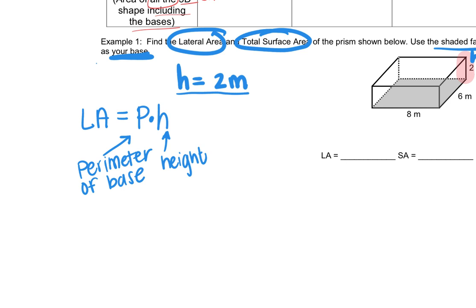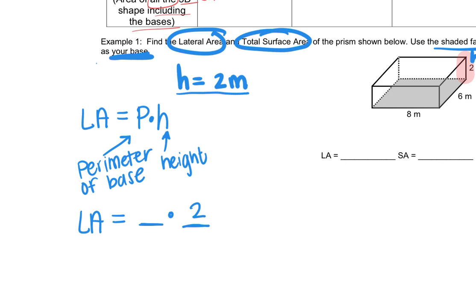H is 2 meters. All right, I know what H is already, okay? What I do not know is what is P. So I need to multiply 2 different things, right? P times H to get my lateral area. I know that H is 2, so I'm going to put it in there already.